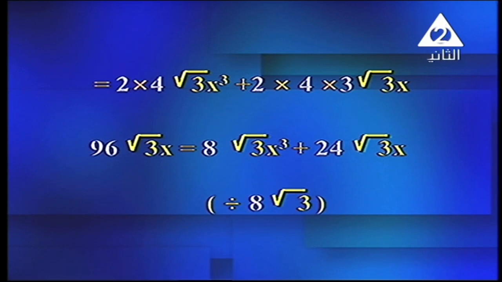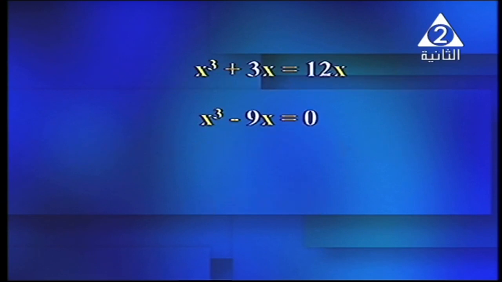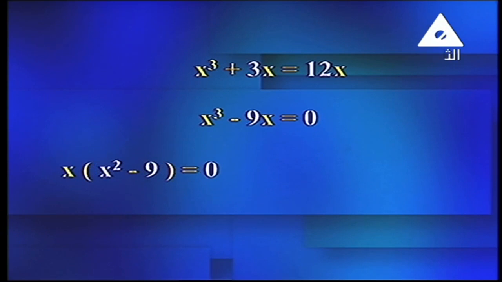Divide each term by 8√3. Then x^3 + 3x equals 12x. Then the equation became x^3 - 9x equals 0. By taking x as a common factor, we get x(x^2 - 9) equals 0.